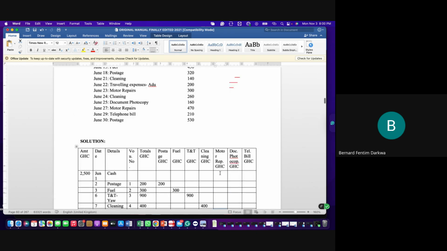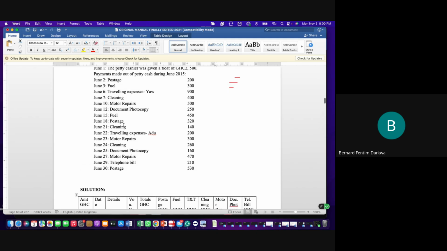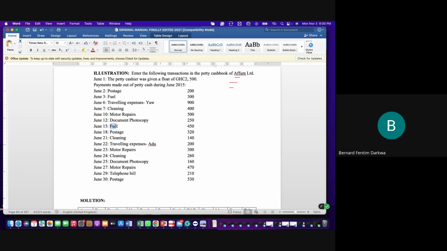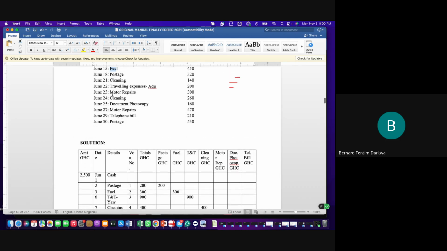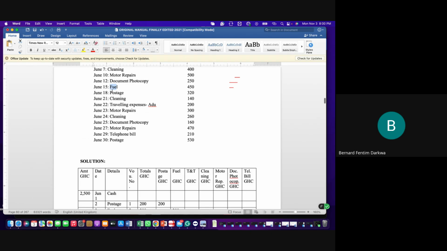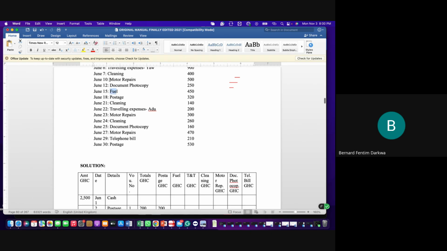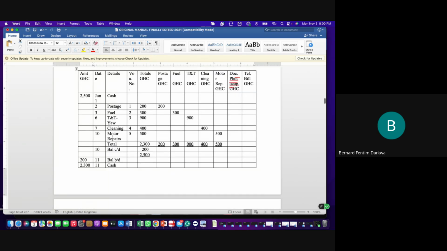Then the next one, fuel. But when you continue like this and total up to this point, look at the total. When you record the repairs on the 10th transaction, motor repairs 500, check the total first.